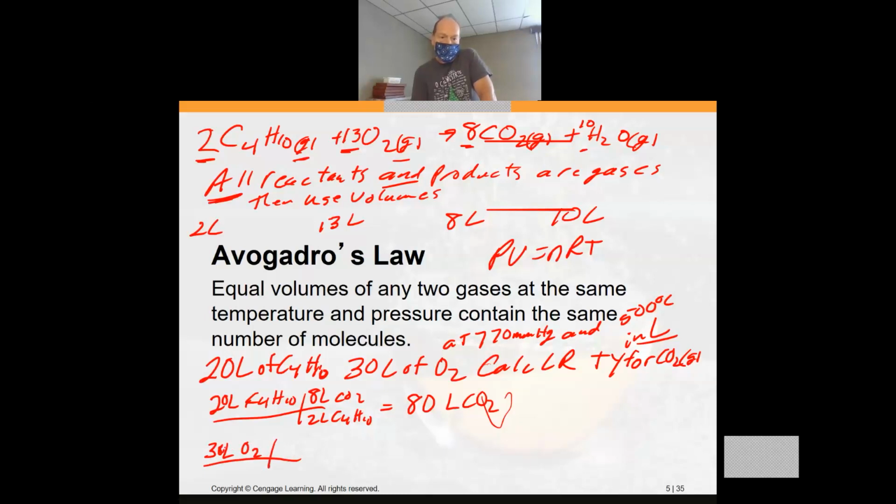Our liter volume ratio, since everything is a gas: 13 liters of oxygen will produce 8 liters of CO2. This one you need your calculator for. You have 30 times 8, and divide that by 13, and you have 18. With 2 sig figs, it would be 18 liters of CO2.